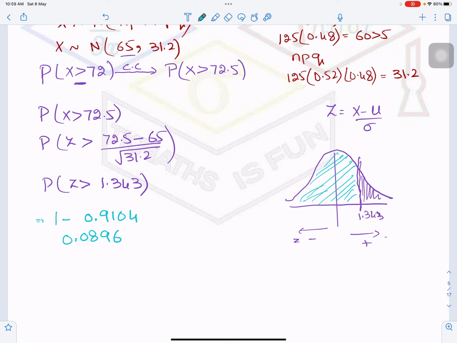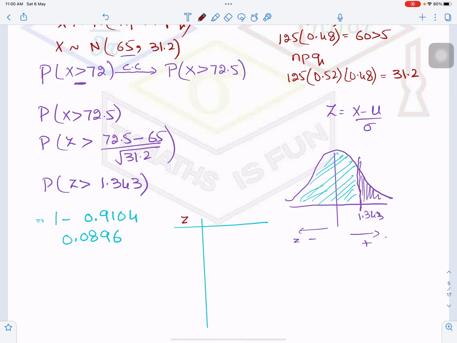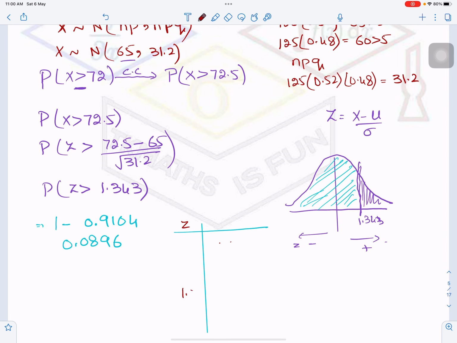By the way, just going through it again in case you don't know how to read the table. When you see the standardized table, the table shows you z values on the side and probabilities inside. You will read from here 1.3, then you will see where 4 is written.